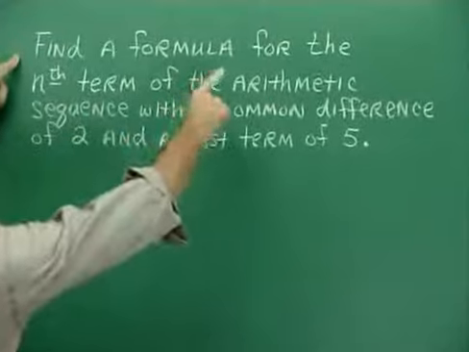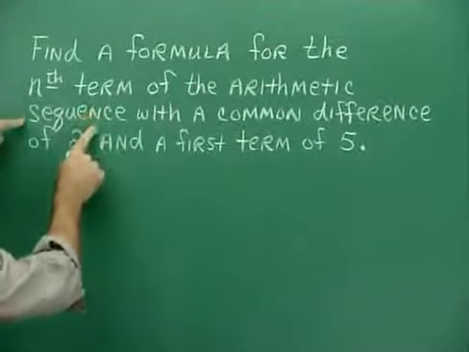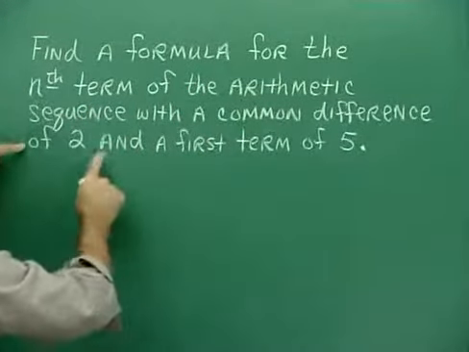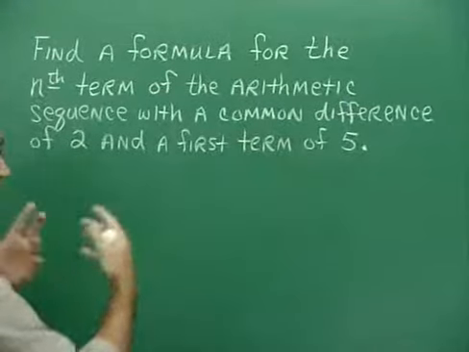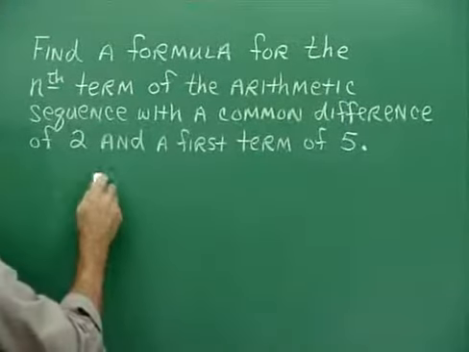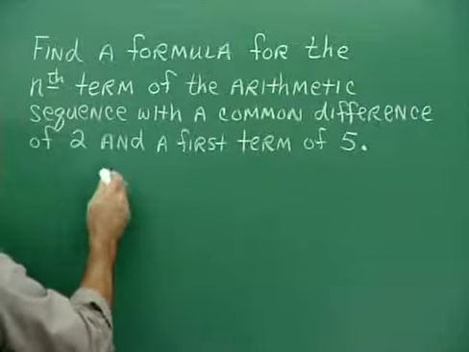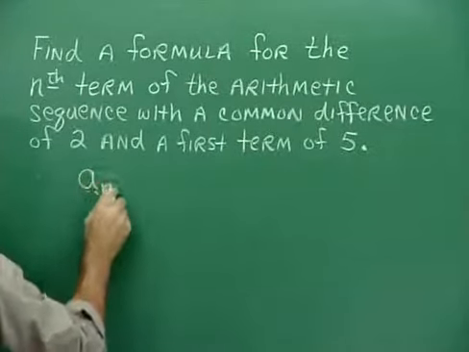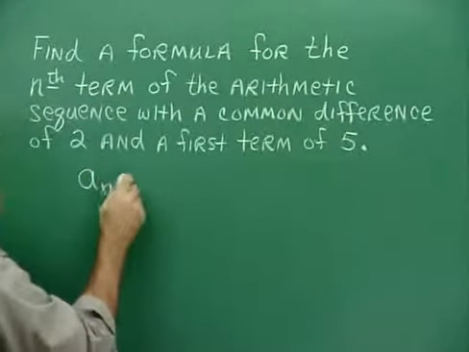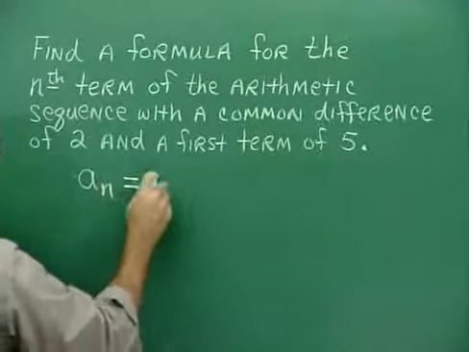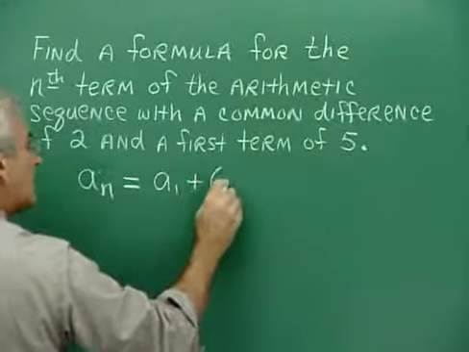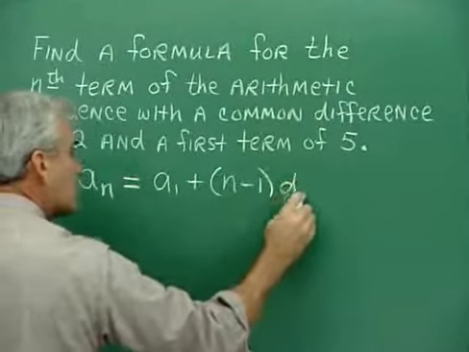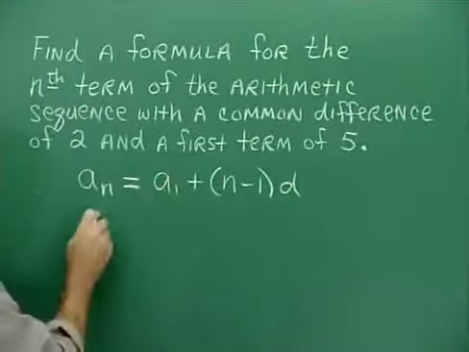It says find a formula for the nth term of the arithmetic sequence with a common difference of 2 and a first term of 5. So we're given all of the important information. So generating the expression for the nth term works like this. You say, well, the general model for arithmetic sequences is that the nth term is the first term plus n minus 1 differences. All right, then we fill in the information we know.